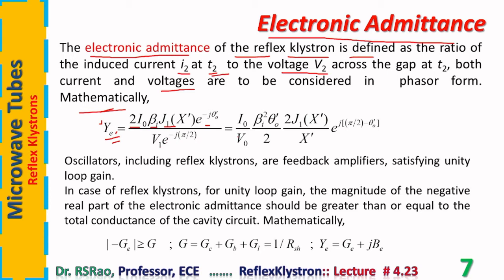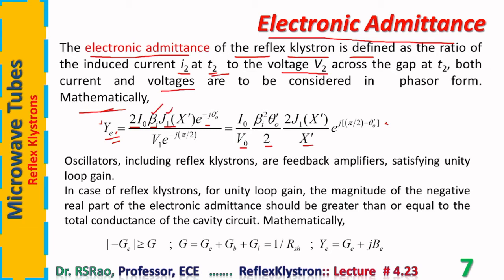It can be manipulated to give I naught by V naught, beta i square, theta naught prime, J1 x prime by, in the denominator apart from V naught we have 2, we have x prime by 2, whole thing multiplied by e power j pi by 2 minus theta naught prime. Here beta stands for beam coupling quotient.